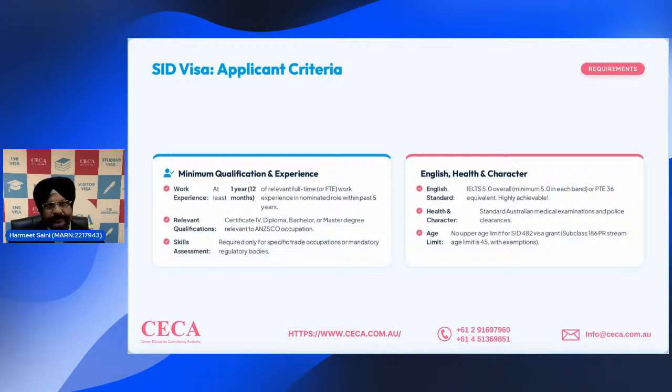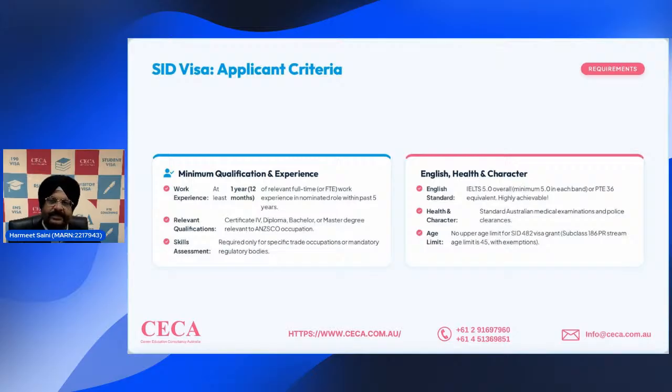So, the minimum requirements to apply for these visas under employer sponsorship. If we talk about work experience, only 1 year of work experience is required. If you're meeting at least this work experience and the qualification requirements as well, you are eligible to apply for this visa.